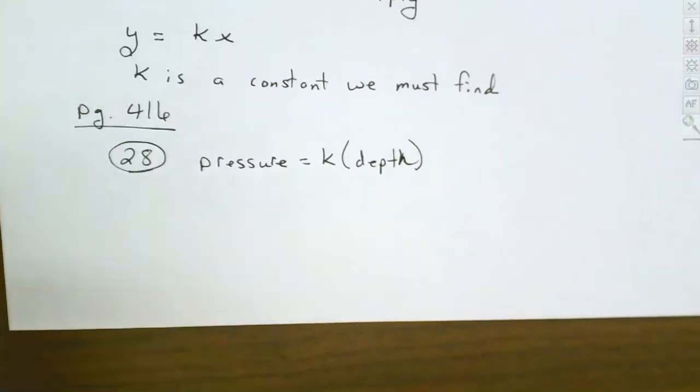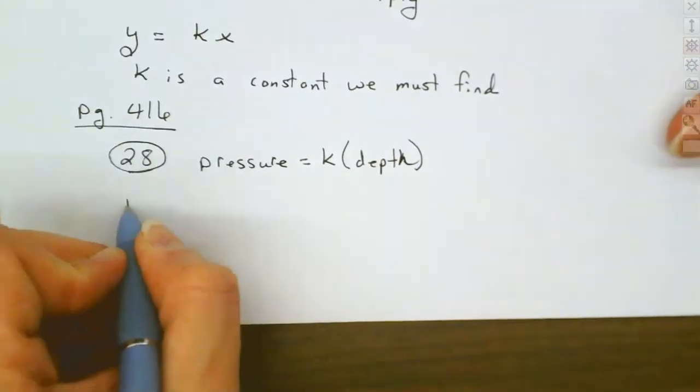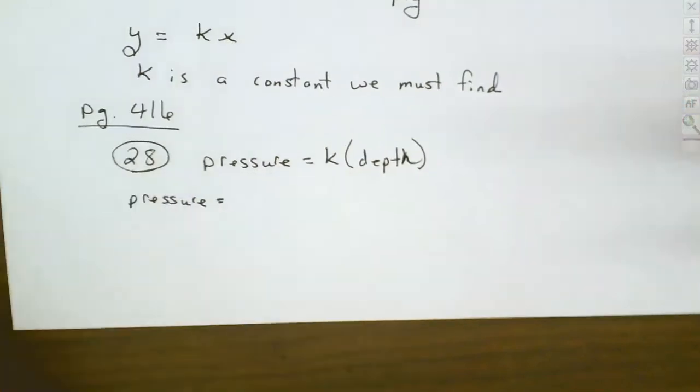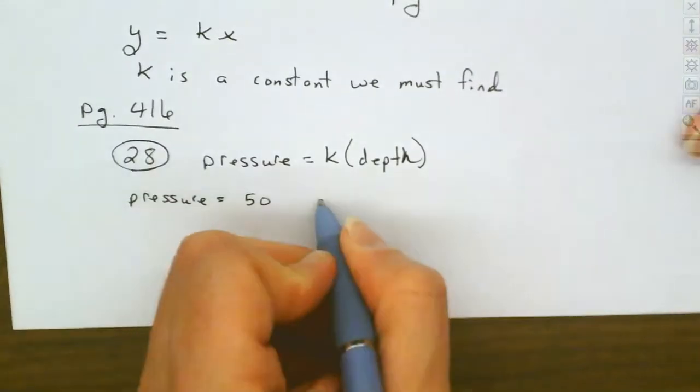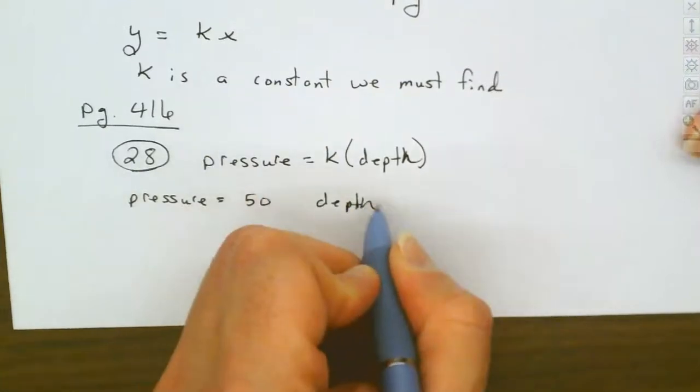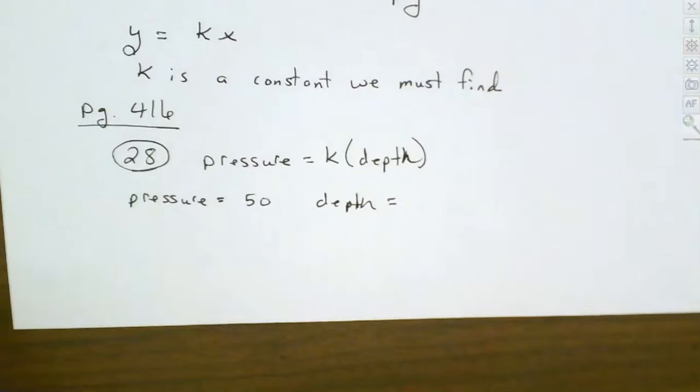Now they give you some starting values. So the pressure at 10 feet is 50 pounds per square inch. So the pressure is 50 pounds at a depth of 10 feet.